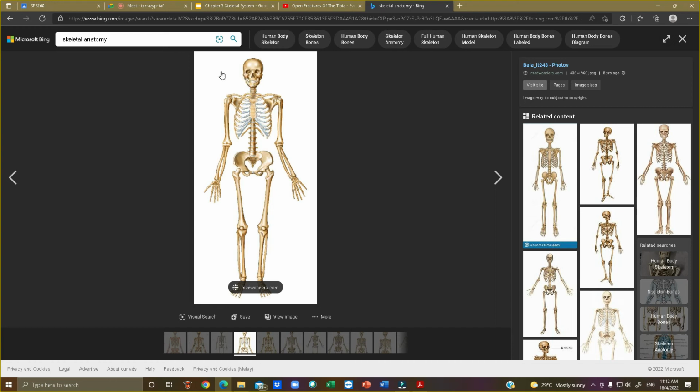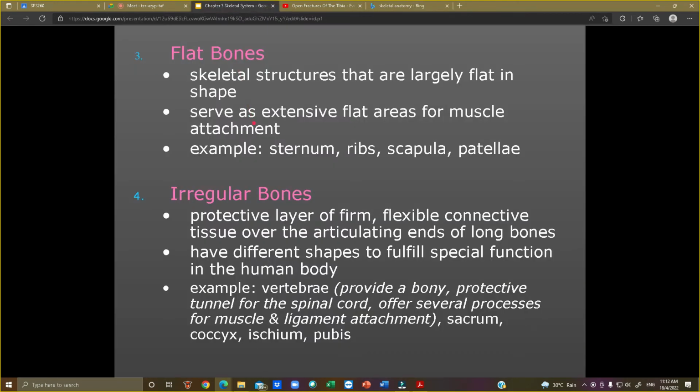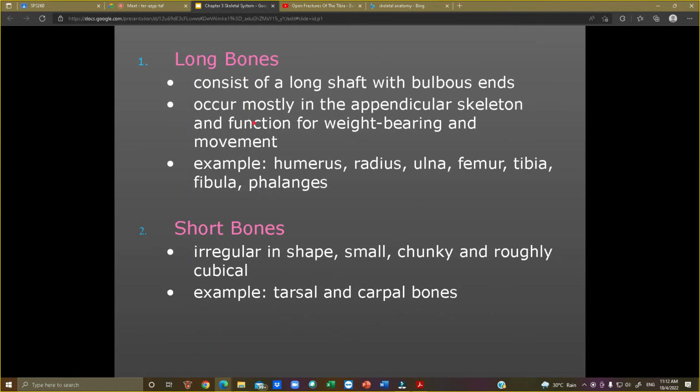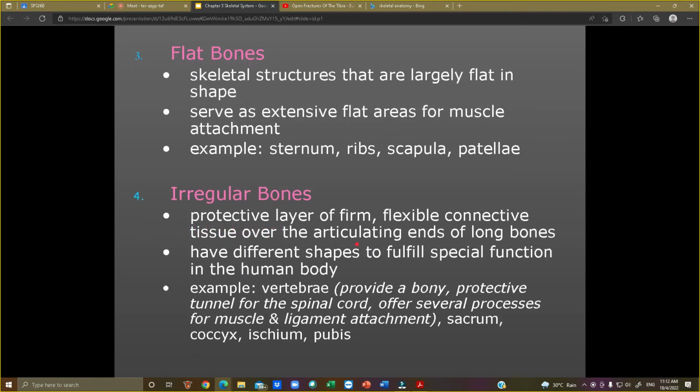Come on guys. Bone apa ni? Rahang. What kind of bone is this one? Do you see rahang? Regular. Irregular.